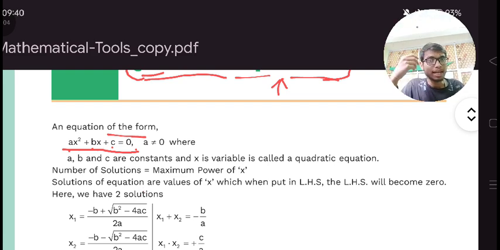Now you will realize that the name of each term is different. For example, the name of this a will be what? Coefficient number. The name of this x will be variable. The name of this b will be coefficient number. x again variable. c is a constant number.